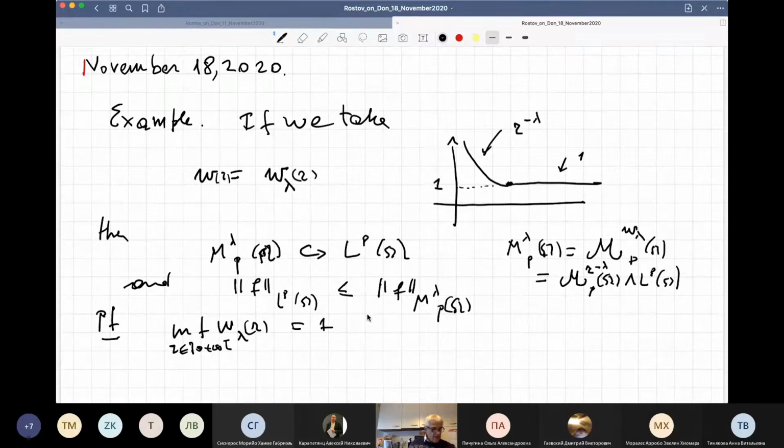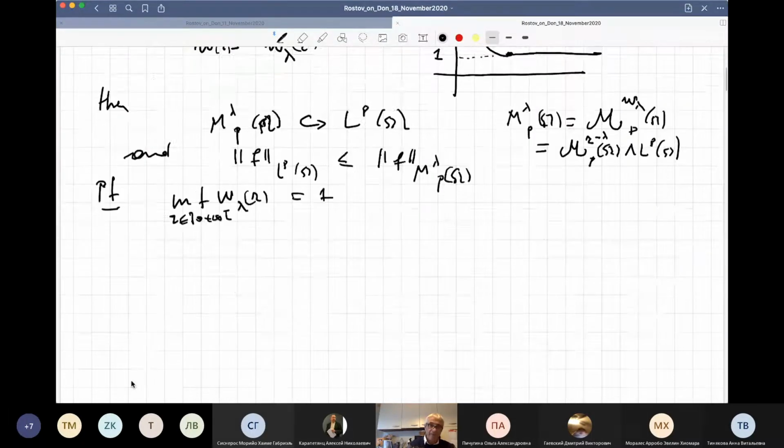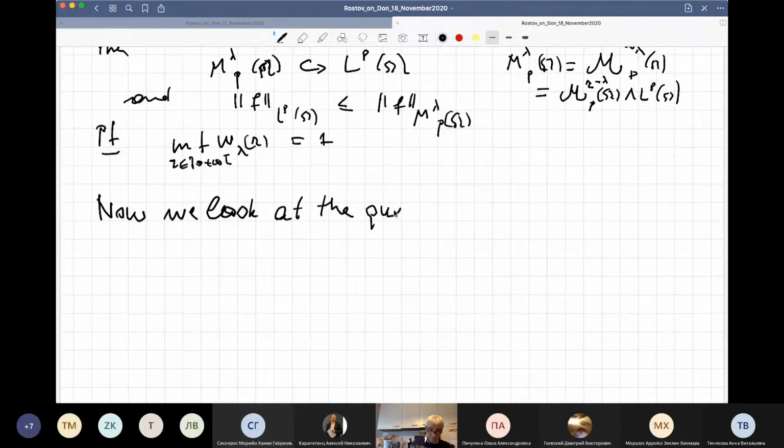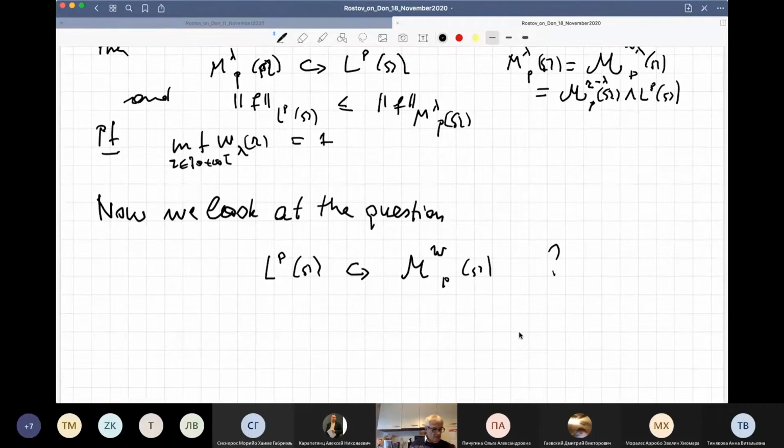Okay, and the next question is, now we look at the question: in which cases is LP of omega continuously embedded into the weighted Morrey space? This is the next question.